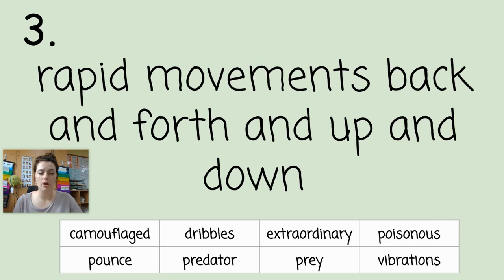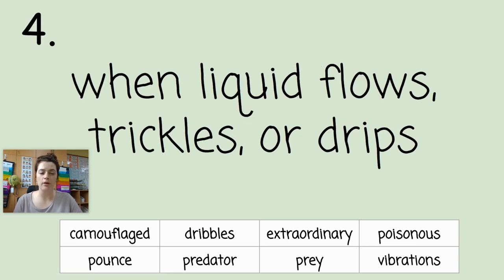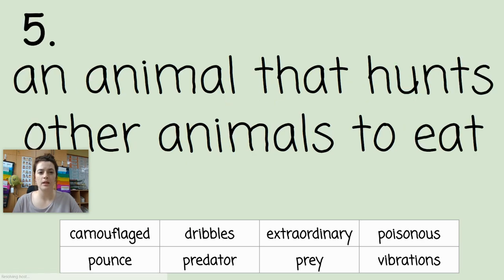Number 3, rapid movements back and forth and up and down. Number 4, when liquid flows, trickles, or drips. Number 5, an animal that hunts other animals to eat.